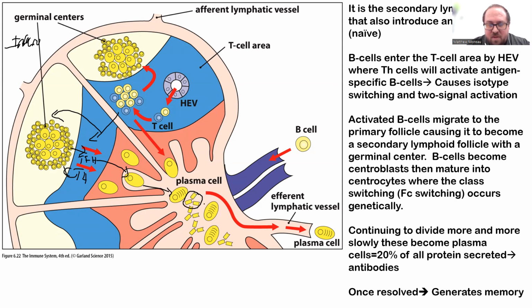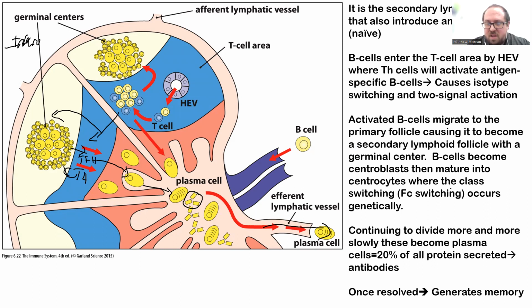And then these reside in the medullary cavity of the lymph node, and then either move out or secrete antibodies into the efferent vessel, which then get deposited into the bloodstream.